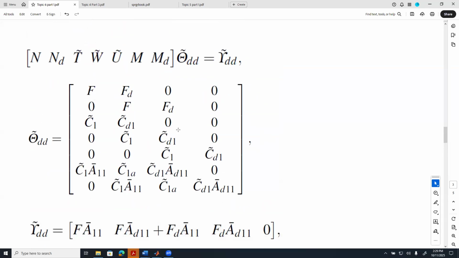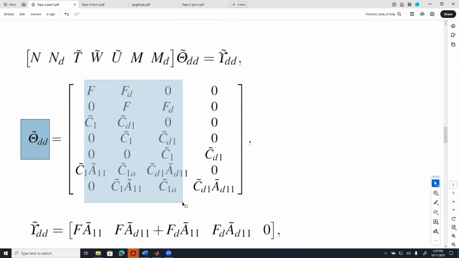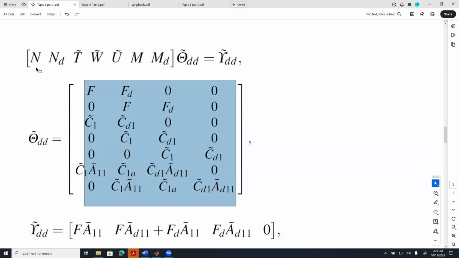When we look at this big matrix, it has 1, 2, 3, 4, 5, 6, 7 block rows and four block columns. The four block columns correspond to the 4 matrix equations, and the 7 block rows correspond to the 7 unknown observer matrices.